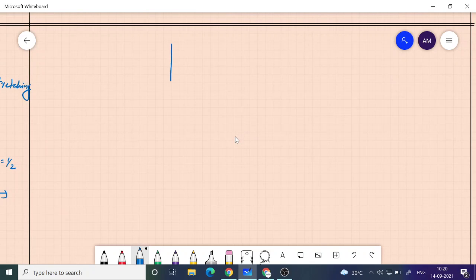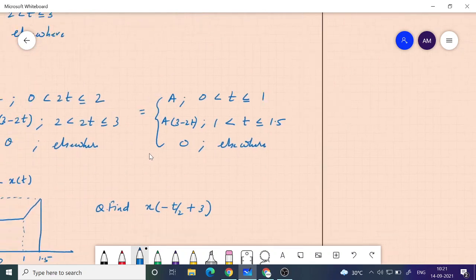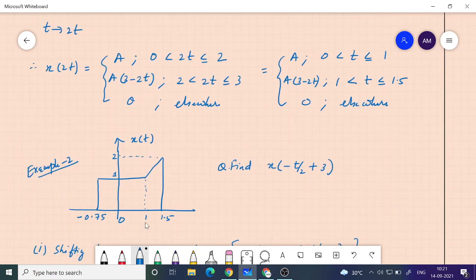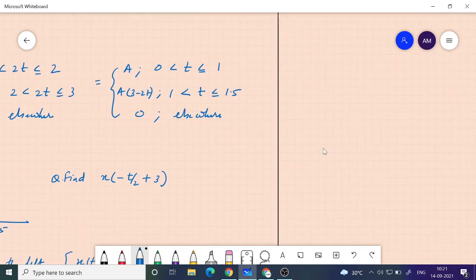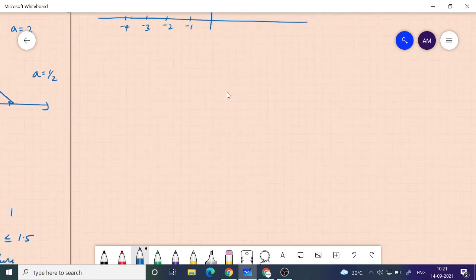Yes, sir. So let us denote minus 1, minus 2, minus 3, minus 4, and minus 3.75 means somewhere here. It will start there, and then it will go up to 1 minus 3, which is minus 2, right? Till minus 2 it will remain at 1.